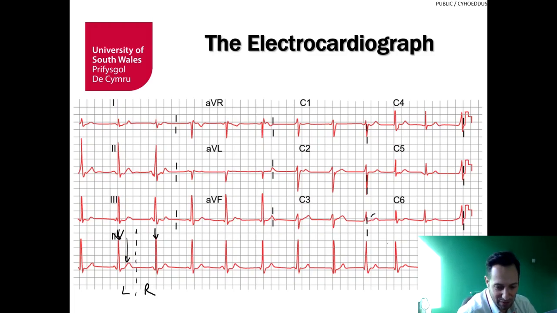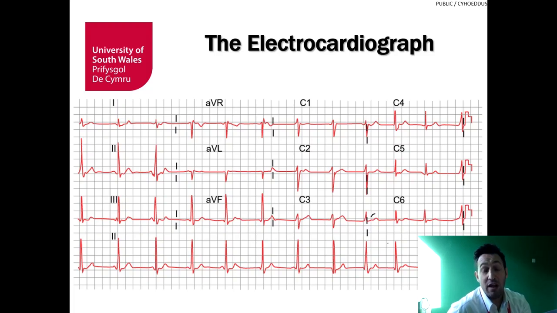If it touches the middle, you get long QT. Why is that important, Lewis? Well, if you've got long QT syndrome, it is, for all intents and purposes, the greatest predictor of cardiovascular mortality in the young. Your heart spends too long in repolarization, and when it does that, things can go wrong.